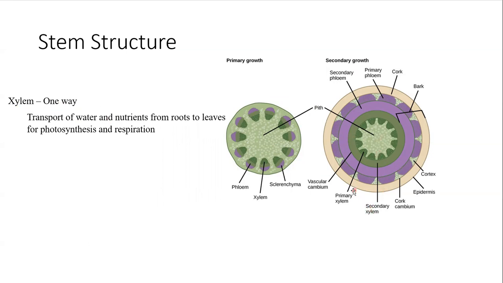Okay, so we have some primary xylem and some secondary xylem. Okay, and the xylem does the same thing as within the leaf. It's for transport of water and nutrients from roots to the leaves for photosynthesis and respiration.